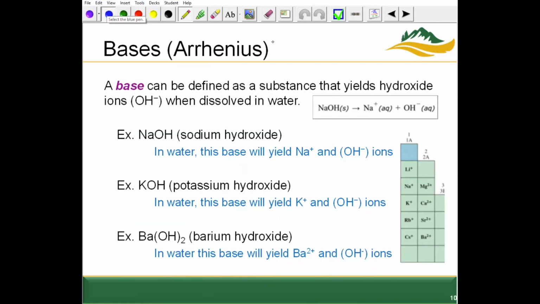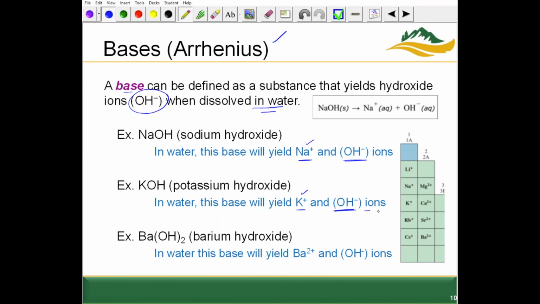Now for Arrhenius bases, we did talk about the fact that bases are substances that yield hydroxide ions when dissolved in water. Let's take a look at some examples. Sodium hydroxide will yield Na+ and hydroxide ions in water. Potassium hydroxide will also yield K+, now this is potassium versus sodium, and OH- ions in solution.